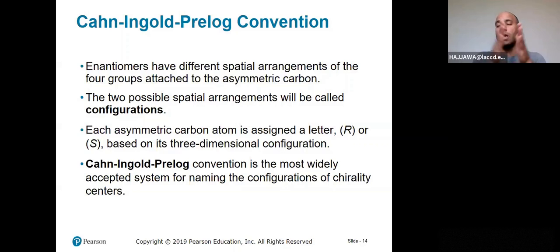So I need to make a distinction between the polarimeter checking optical activity, how the plane polarized light is rotated, and the Cahn-Ingold-Prelog convention assigning R and S. Assigning R and S is for the purpose of being able to IUPAC name the structure. IUPAC naming pushes me to acknowledge the existence of the chiral centers in the compound. And that's where the importance of the Cahn-Ingold-Prelog convention comes in for compounds that have a chiral center.